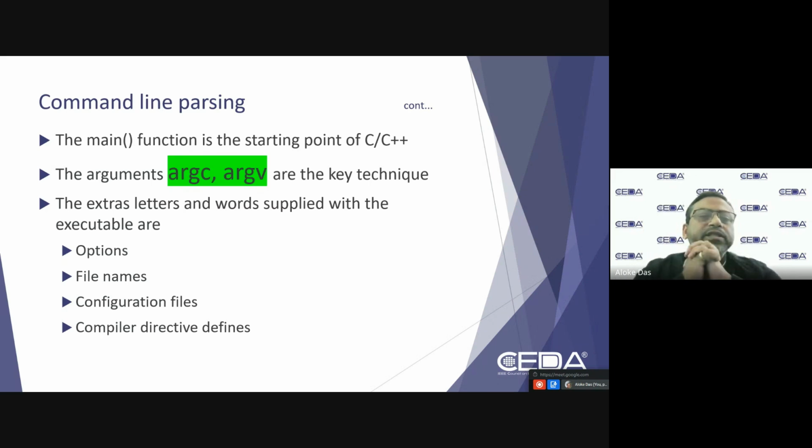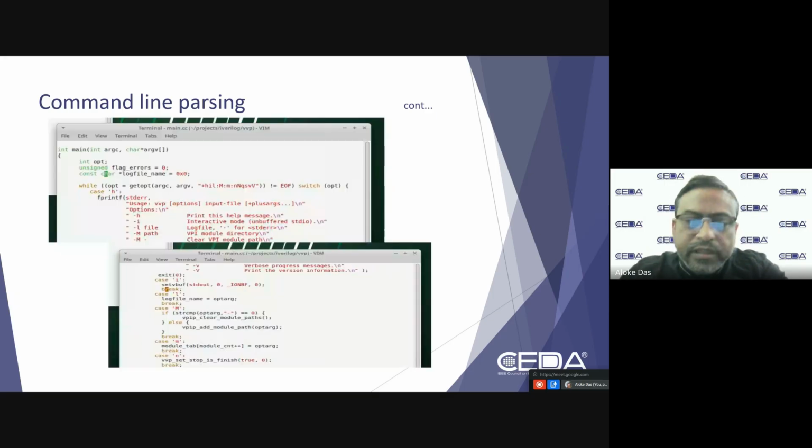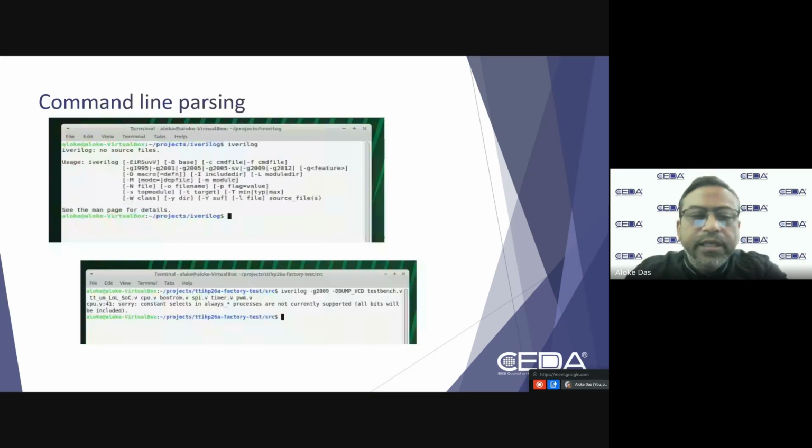So the main function is the starting point of C++. The arguments argc and argv are the key technique to get the command line. So what are those extra letters and words?